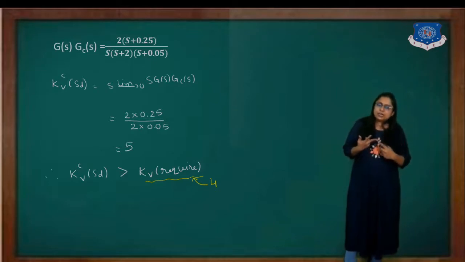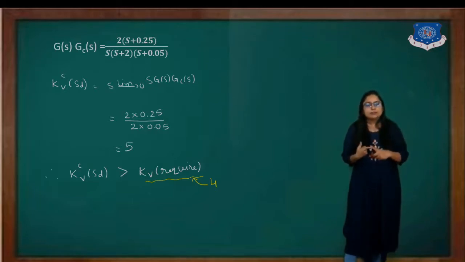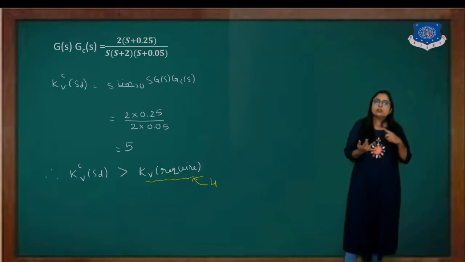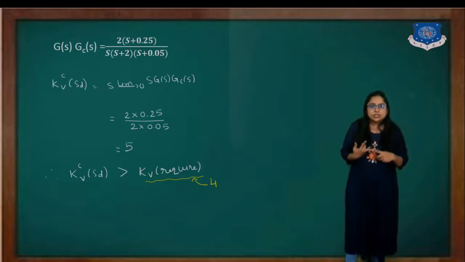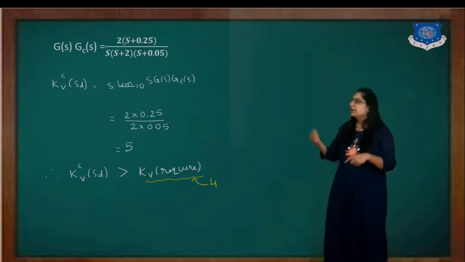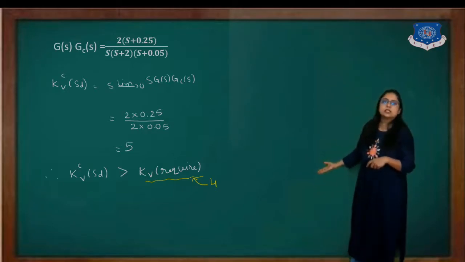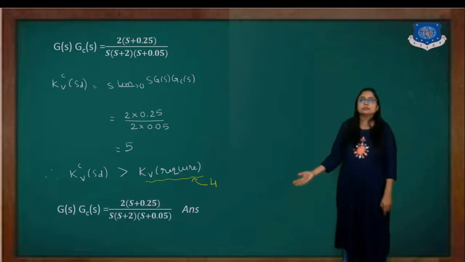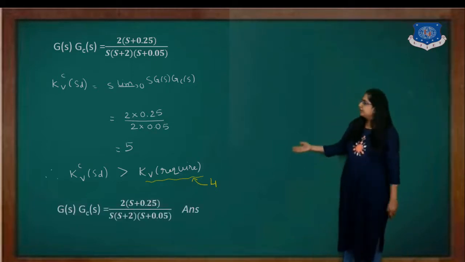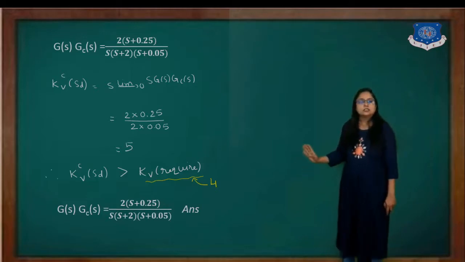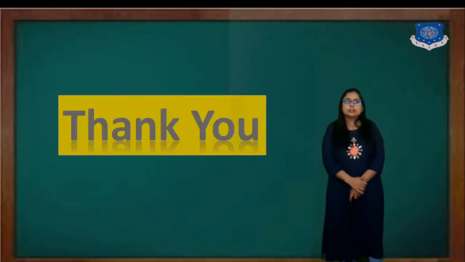Then you have to draw one phi z line that is less than 10 degree. Then you will get a zero and pole using the equation ZC by beta. And then you have to perform all this calculation. So I hope this question is clear. This is our answer. Thank you.